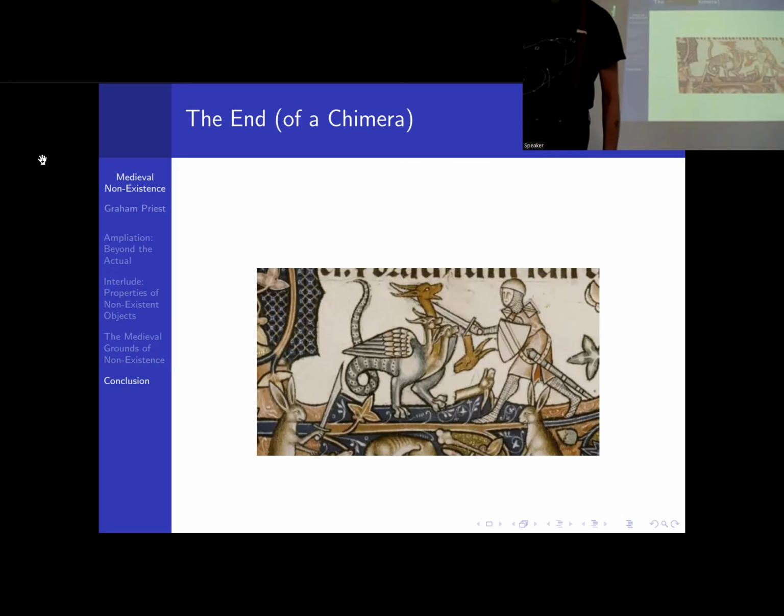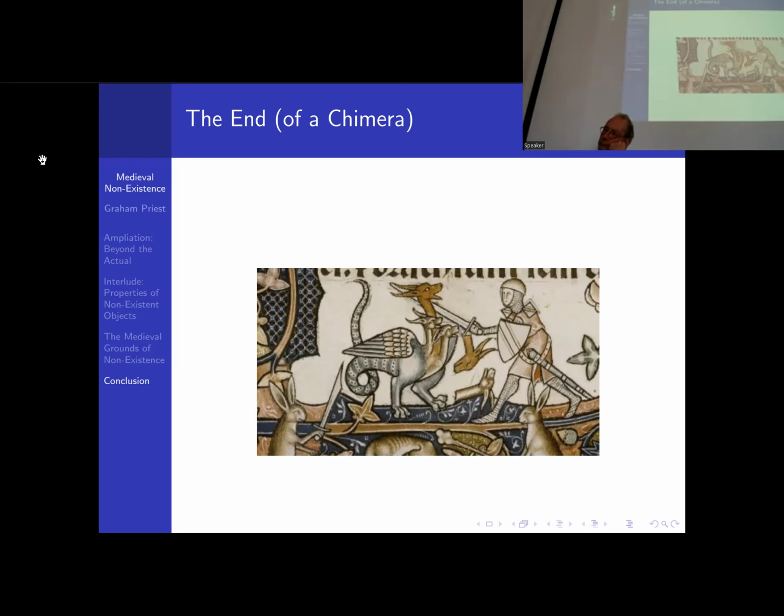So as we use the word thing, it has this narrower use and a wider use as something in any sense. If you think from a contemporary perspective that the quantifier adapts to what is said by the predicates, it would be easy to ampliate on this basis. But as the second point showed, it's not so easy for the medievals because they seem to have only the option where the whole sentence is ampliated.